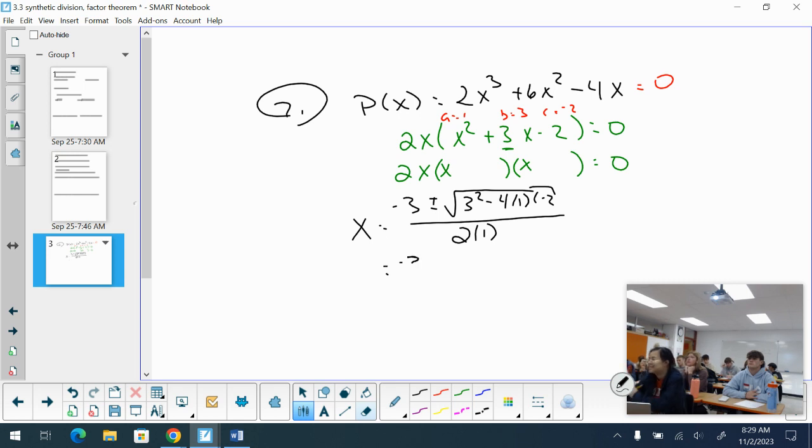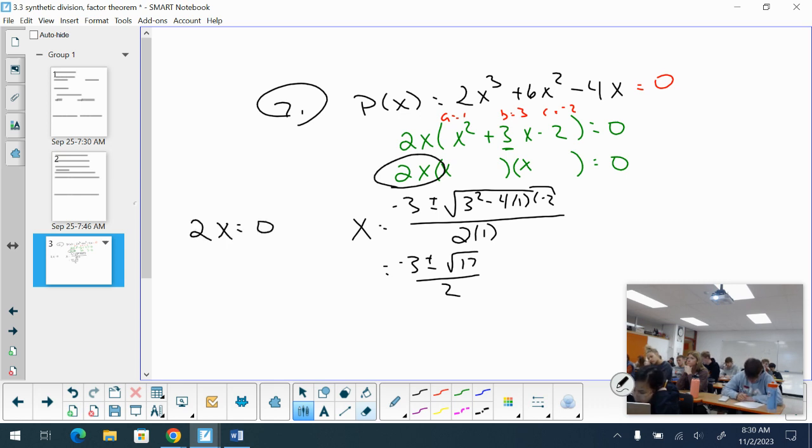So we have negative 3 plus or minus the square root of 9 plus 8, so the square root of 17, over 2. Okay, not a perfect square, so I can't break it down any further. But we can't forget about this 2x either. 2x could equal the value of 0 here. So x could equal 0, or x is equal to our value here.